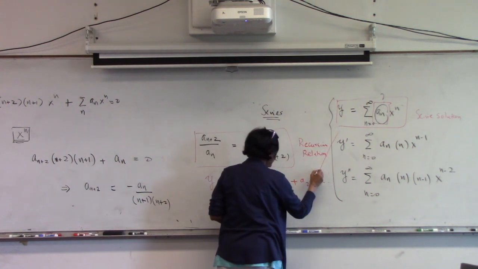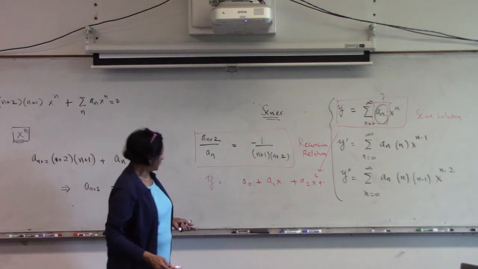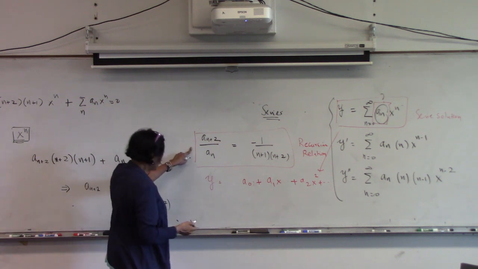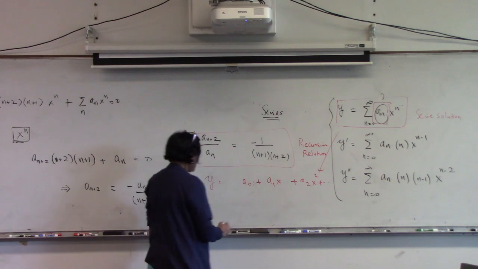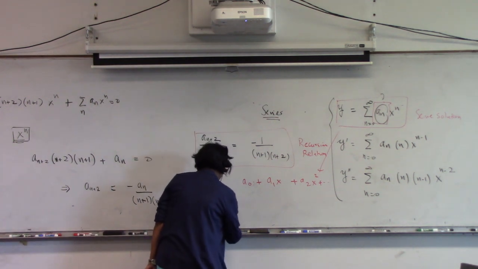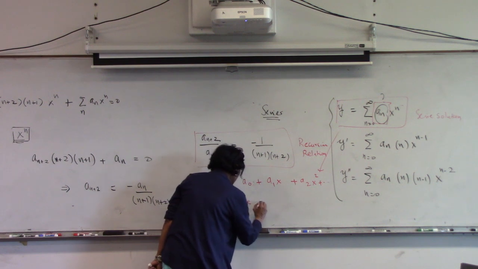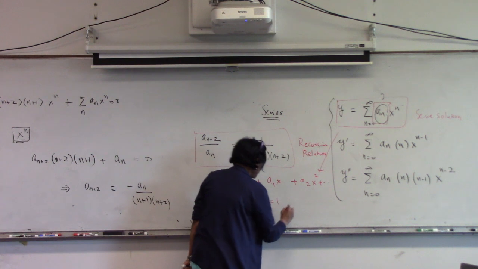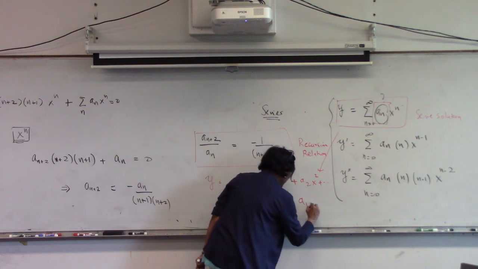We expand it. Now I see the pattern here, right? Supposing I choose a0 not equal to 0, say a0 is 1, and I say a1 equal to 0.